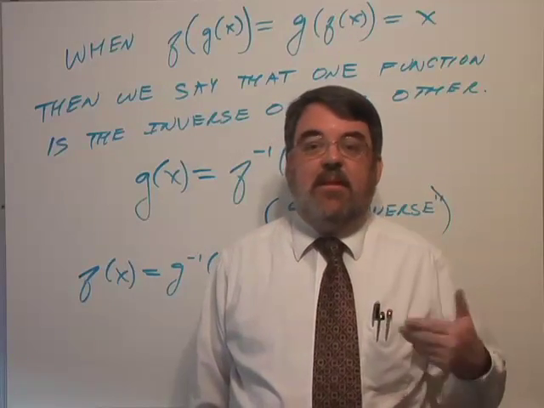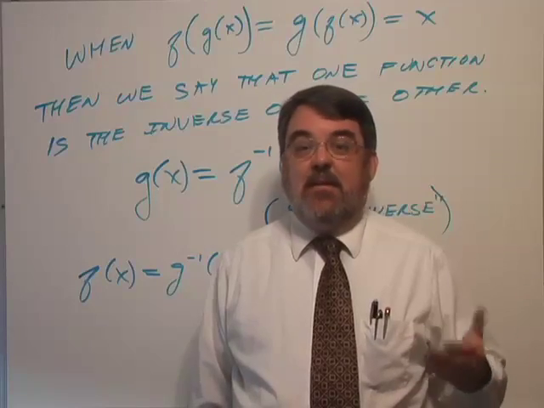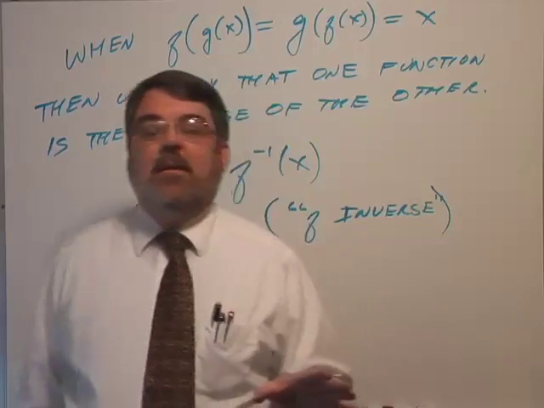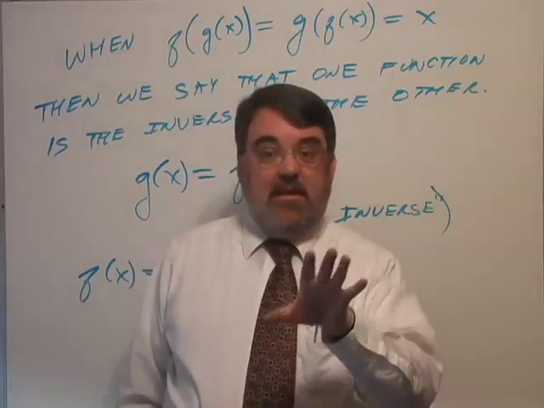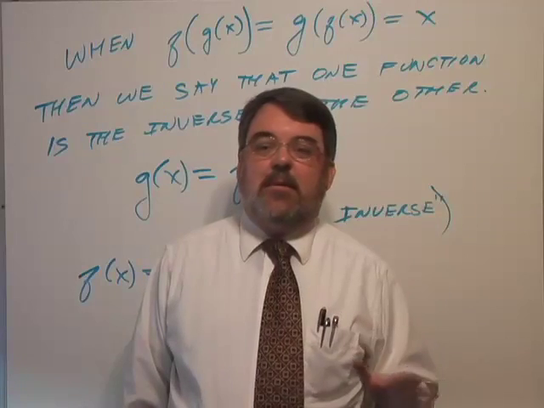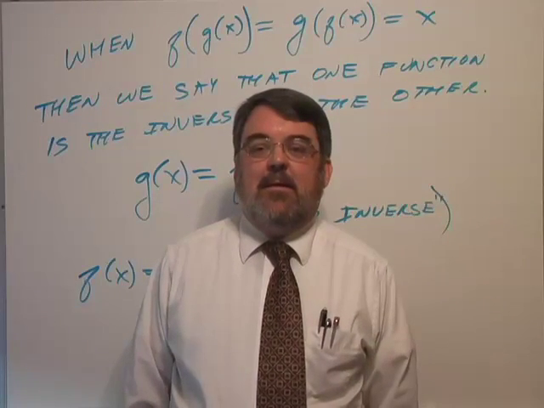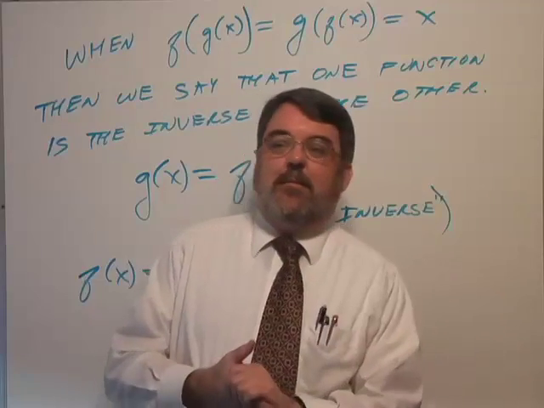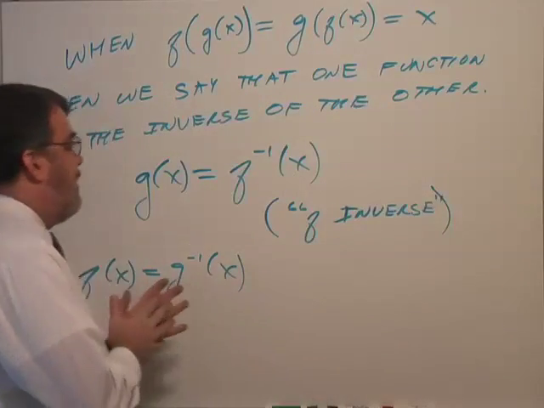Right above the e to the x button is ln x, or I might have that reversed. Maybe you have an ln button, and above it is e to the x. And those are inverse functions. And so typically that's what you get on a scientific calculator, that's where they show up. And so those are inverse processes.